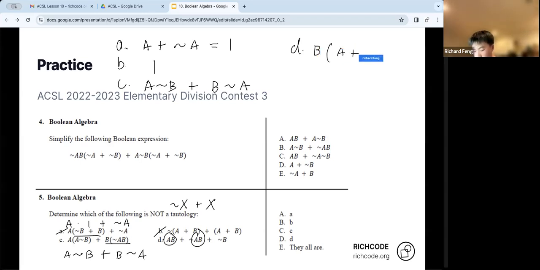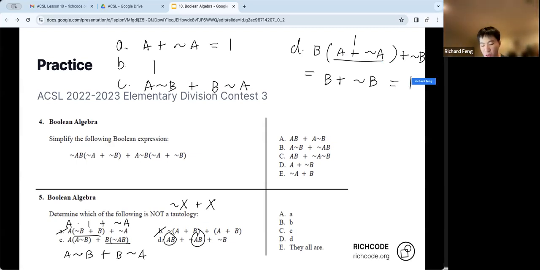So we have A or not A. A or not A is always going to be 1 because they are complements, or not B. So this is the same thing as B or not B. And you'll notice this is the same case as in answer choice A, so this is always going to be true. So therefore, C is the correct answer because we cannot guarantee it will always be true. It doesn't mean it can't be true, it just means it isn't always true.